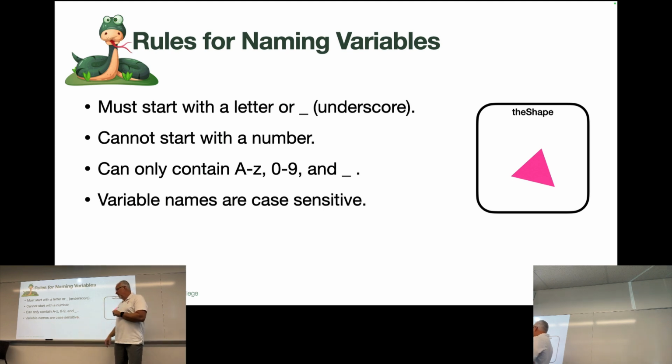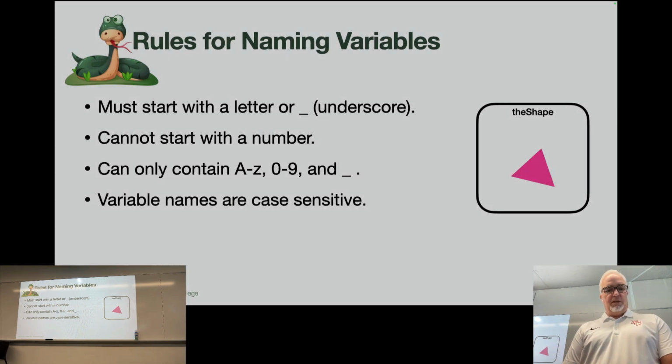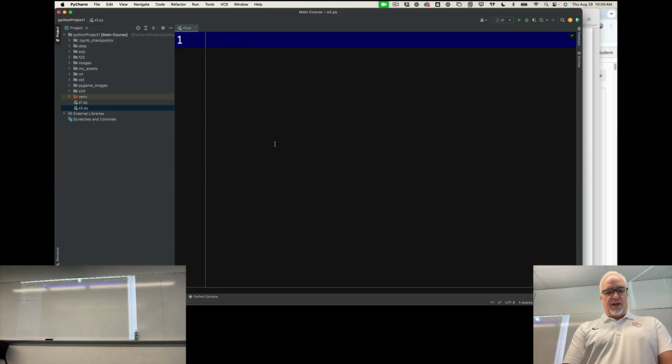What that means is if I have a variable named dog, capital D, and dog lowercase d, those are not the same variable, right? So let's play with this for a second. So if I have dog equals German Shepherd, and then dog equals pug.